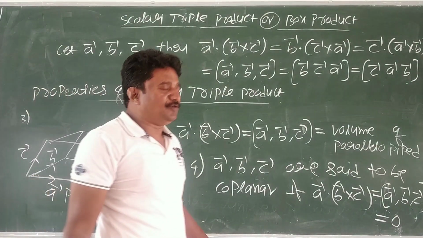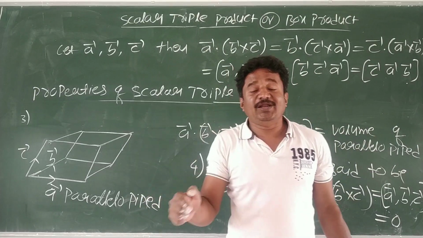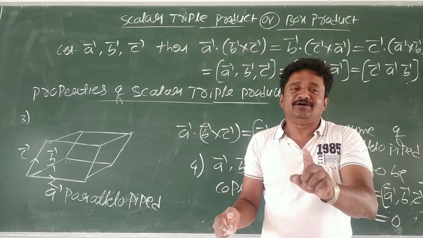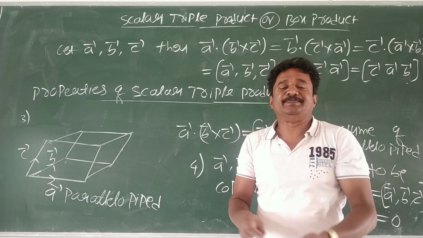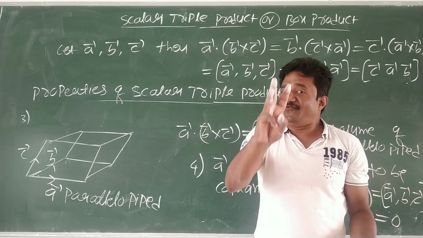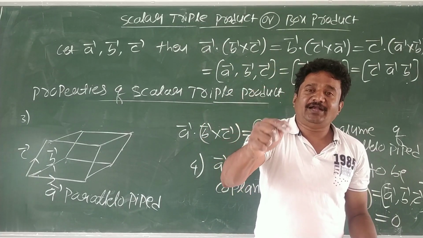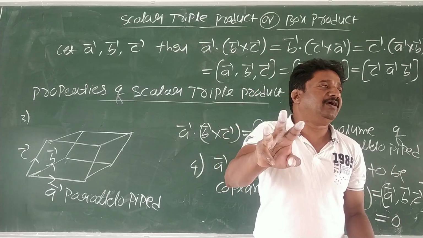So don't get confused between collinear and coplanar. Collinear means, remember this, for collinear we need 2 vectors. For coplanar we need 3 vectors. Collinear is related to 2 vectors. Coplanar is related to 3 vectors.